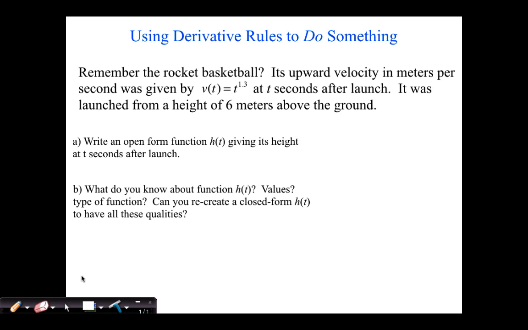A general question was just asked: how would I know looking at this that it's asking me for accumulation? If you notice, this v of t is a rate of change of height. So we've got units in meters per second, and then we've got a function that we want to know about in meters.